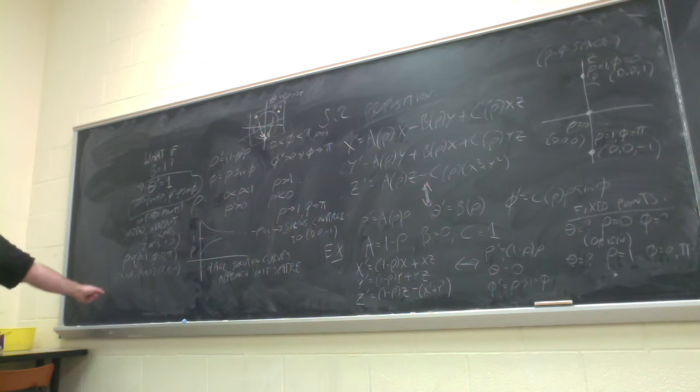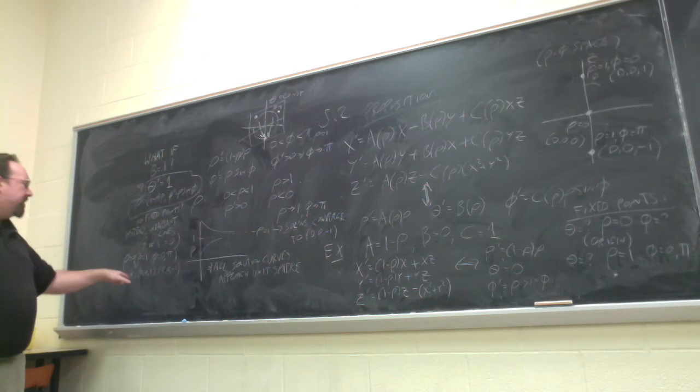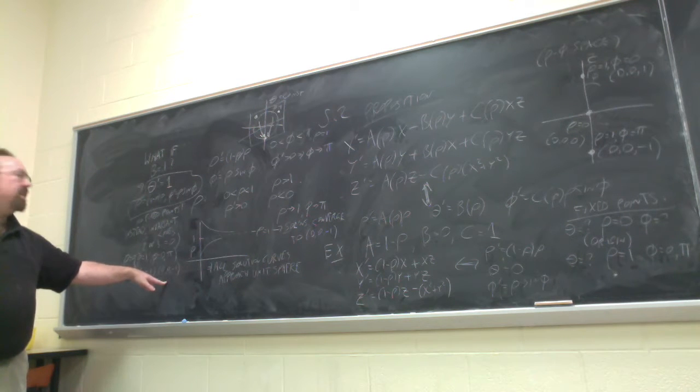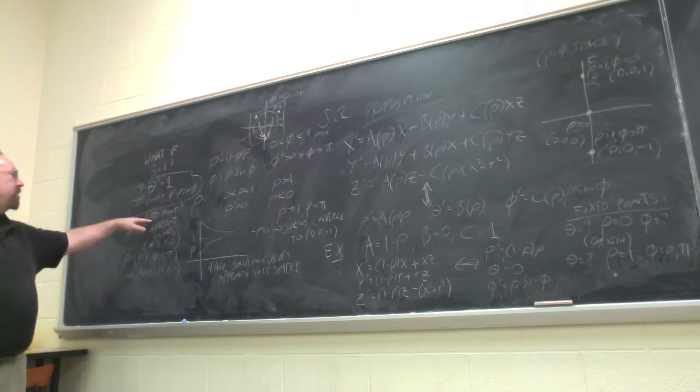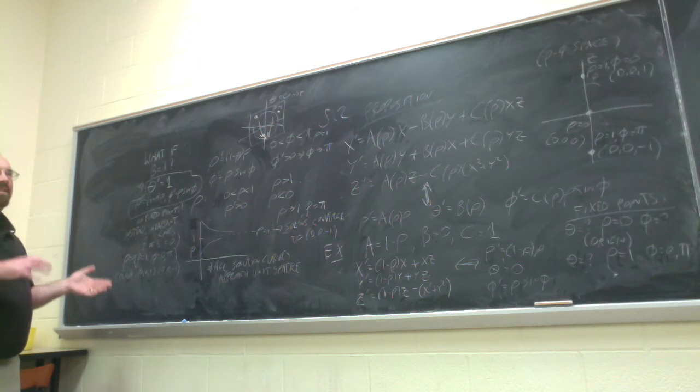So here's the thing. It sounds like there are fixed points, but this says they're not. Why is that? That's not a contradiction because these are in Cartesian coordinates. When I say no fixed points, I mean in spherical coordinates. Ultimately, we go back to what's happening in physical or Cartesian space.